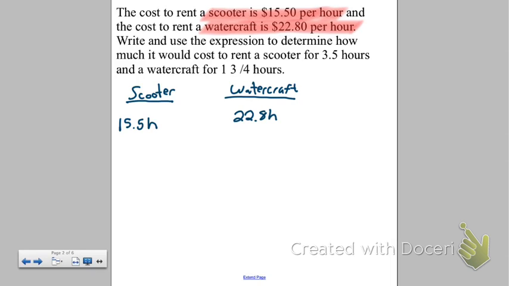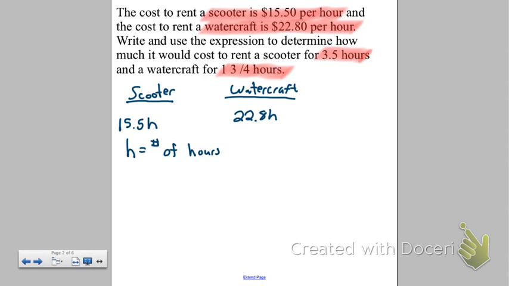So now, I'm going to identify what the variable stands for. In both cases, H represents the number of hours. So that's the first part. Now I have to use my expression to determine the cost to rent a scooter for 3.5 hours and a watercraft for 1 3/4 hours. So this is easy.